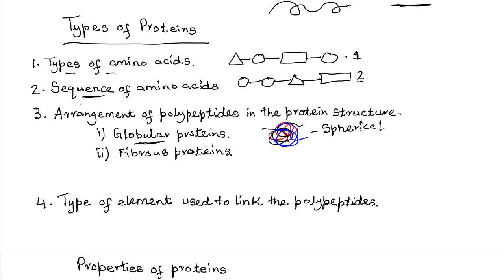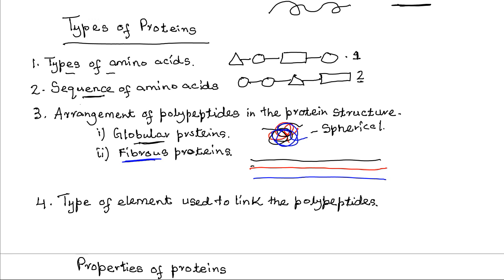Alternatively, the polypeptides can be arranged such that they run parallel to one another, like this. Now, these types of proteins in which the polypeptides run parallel along their length are said to be fibrous proteins.